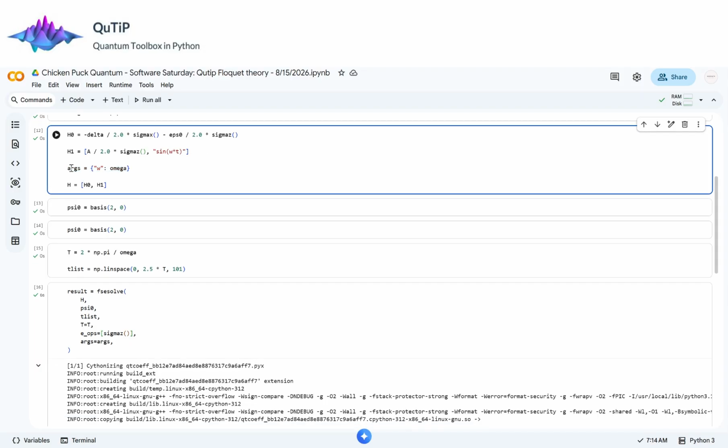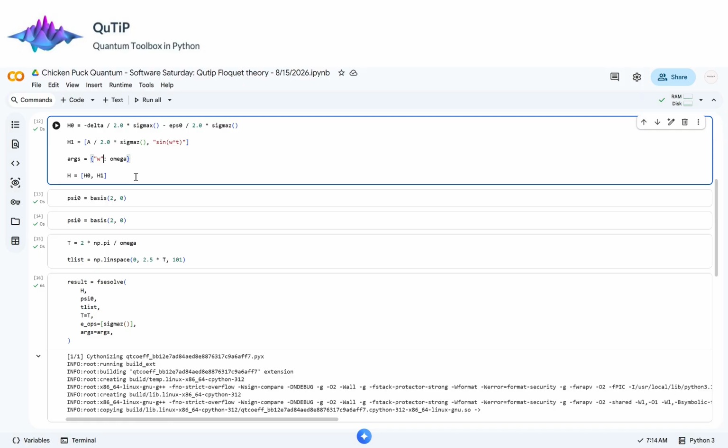Then the dictionary args, which we can see is defined by these curly brackets, tells QuTiP that the variable w in our expression is the angular frequency omega, and then we just combine this Hamiltonian together with H0 and H1. So now, this H is the complete periodically driven Hamiltonian that we wrote on the whiteboard.